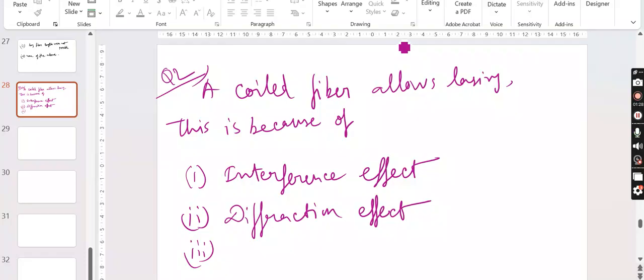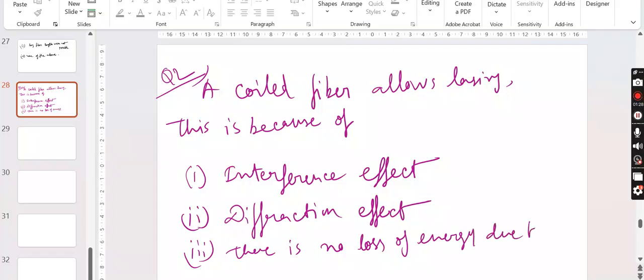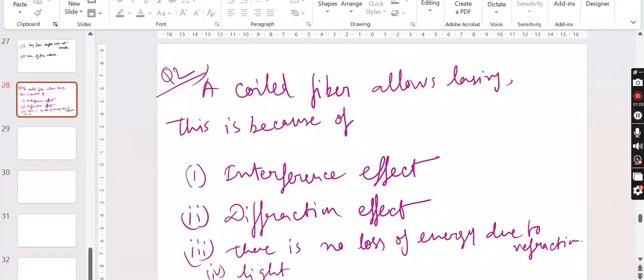Three, there is no loss of energy due to refraction. Light can take a curved path.